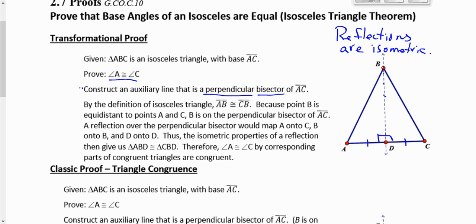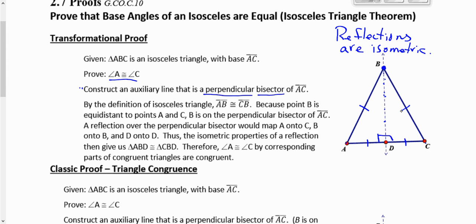Same distance. They're all equidistant from the endpoints, right? And so we've got these two congruent angles, right? And if we think of this now in another context that's just the perpendicular bisector, not necessarily a reflection, we know every point on here is equidistant from these endpoints. So what about point B? Is it equidistant from A and C? Which makes segments AB and BC what?